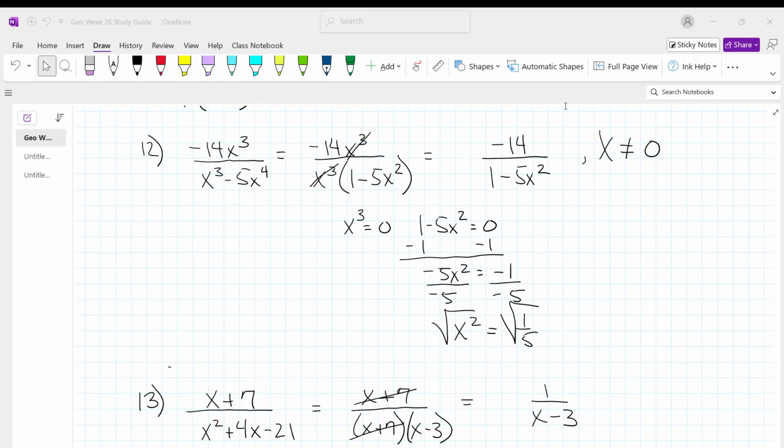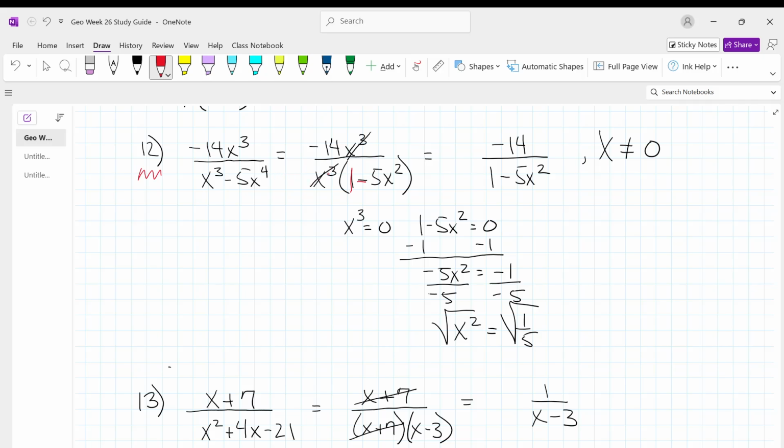All right, today we're going to finish up the study guide for your semester exam. And before I complete the last 4 problems, I just wanted to address a couple of issues in yesterday's notes. On problem number 12 here, when I factored this denominator and took out an x to the third, when you divide x to the third back into x to the third, you get a 1.